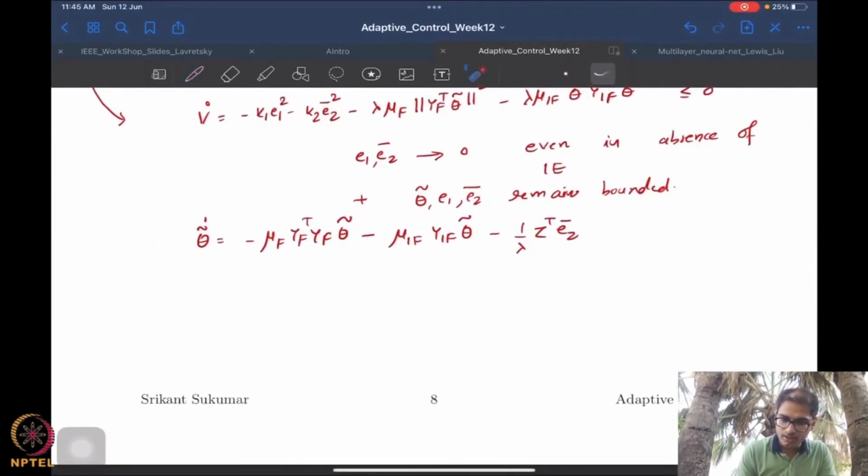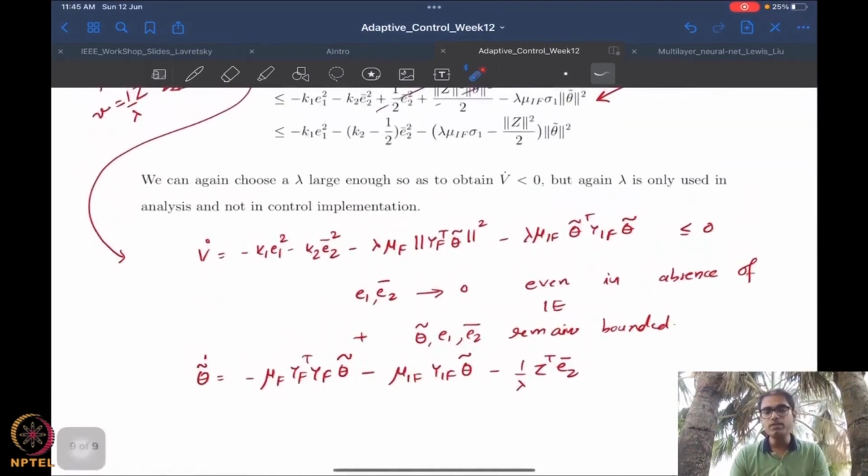So this is like the certainty equivalence adaptive law, and this is the usual initial excitation bracket. If I make this modification with this additional term here, then I do get nice performance even in the absence of initial excitation.